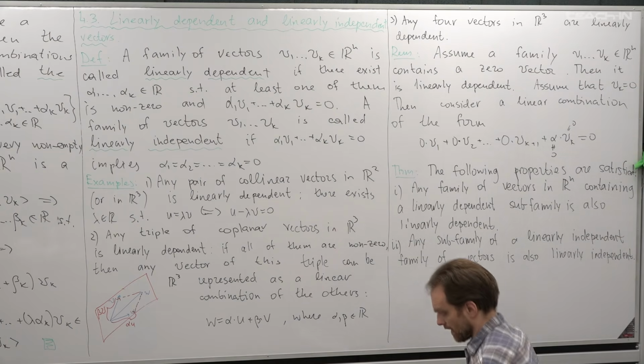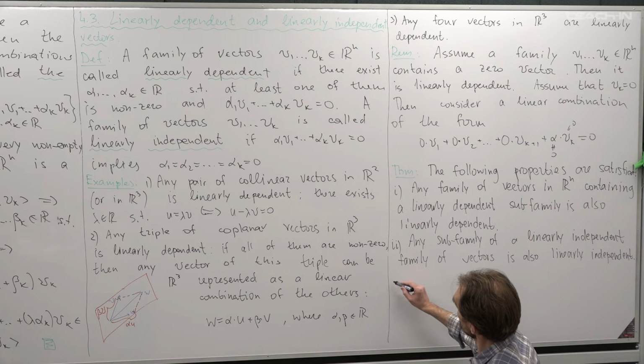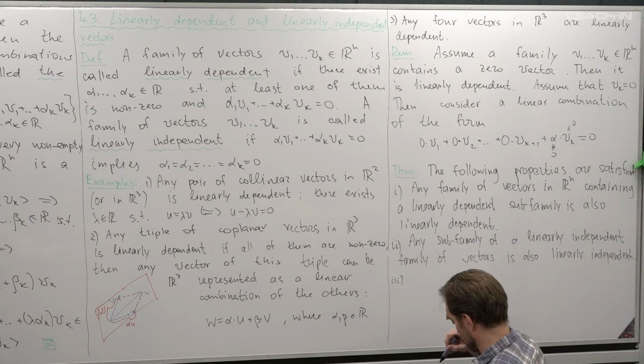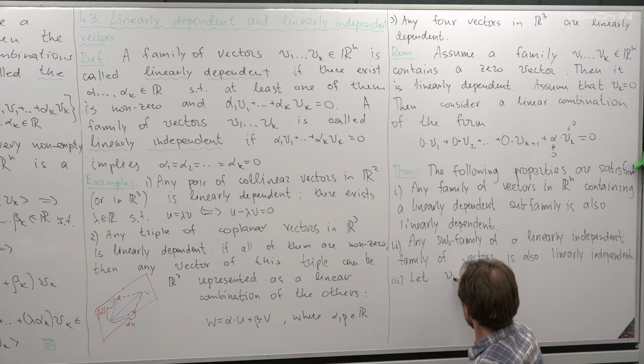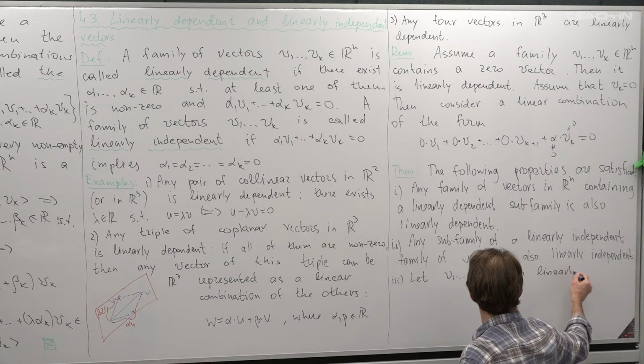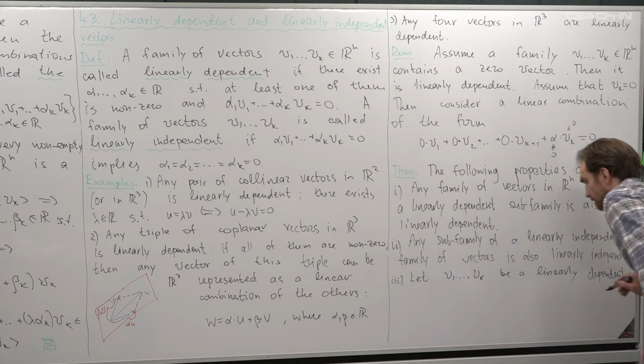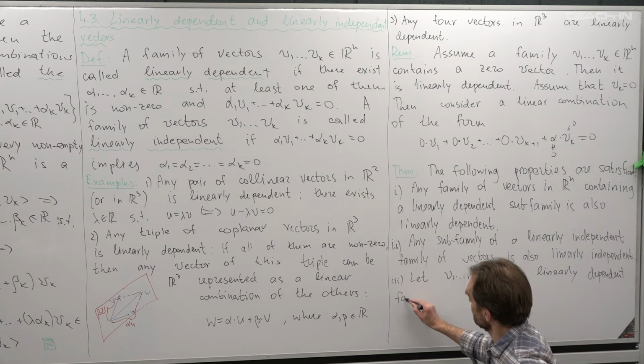Okay, then what's next? So number 3. Let v1, etc., vk be a linearly dependent family.